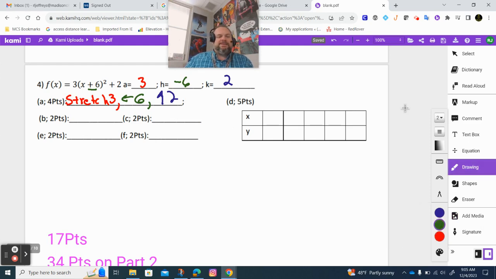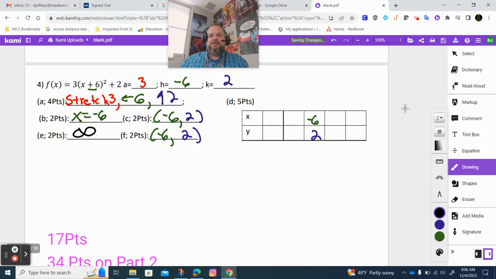All right. Axis of symmetry is x equals negative 6. Our a is positive, so it opens up. Our k is the y value for our vertex. A is positive, so it goes to infinity. -5, -4, -7, -8.